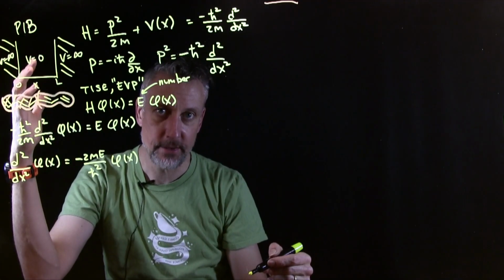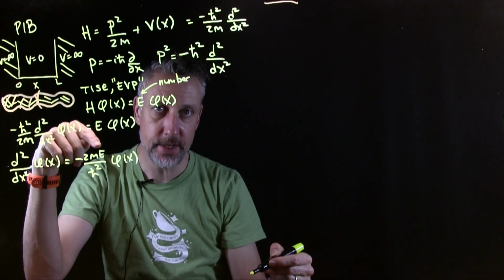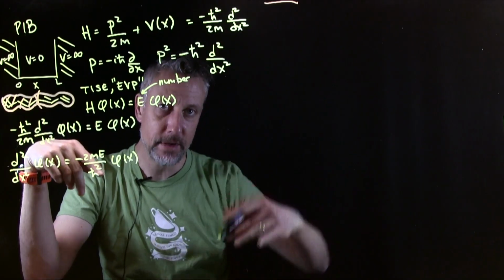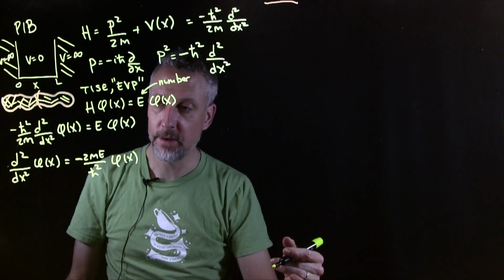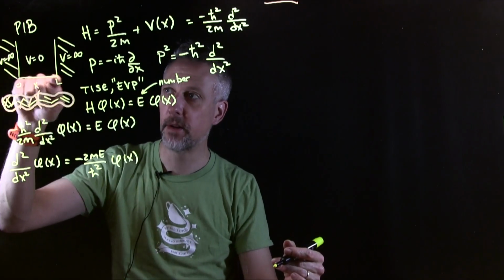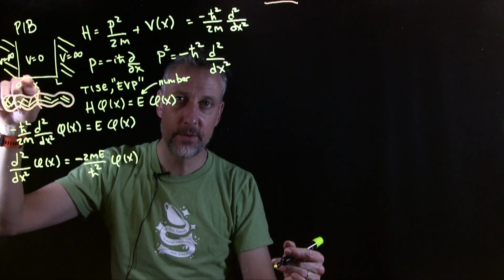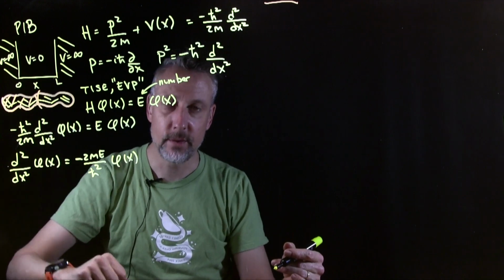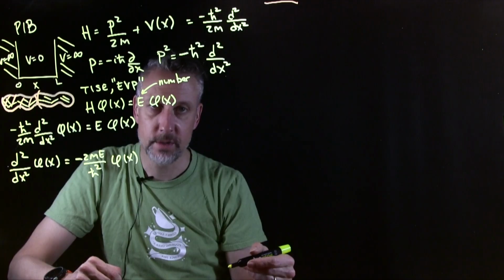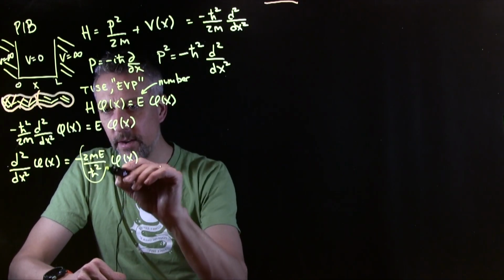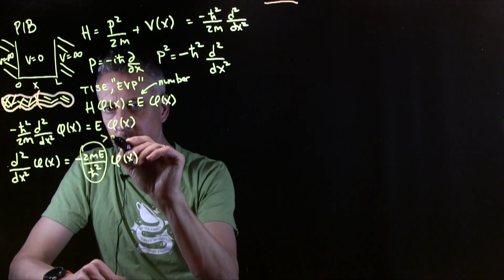Mass is always positive. Energy is positive. It could be relative to some other value. Energy can be a relative parameter, but we're taking it relative to the minimum of the potential, which is 0 here. So of course the energy is always going to be positive. And then we have h bar, which is positive. So all the stuff in here is absolutely, definitely positive. There's no question about it.